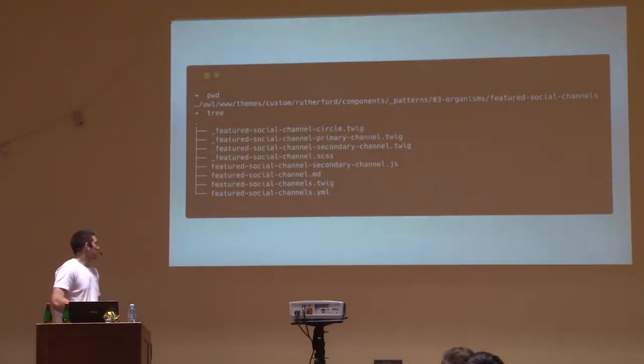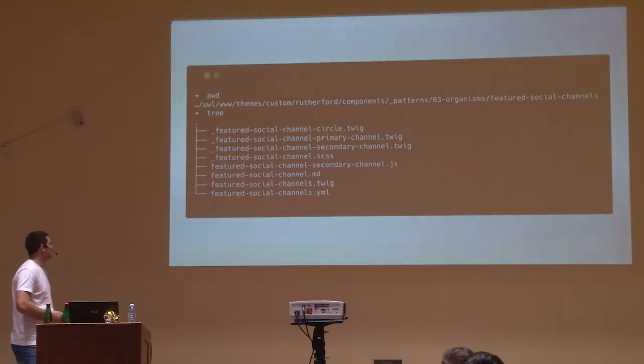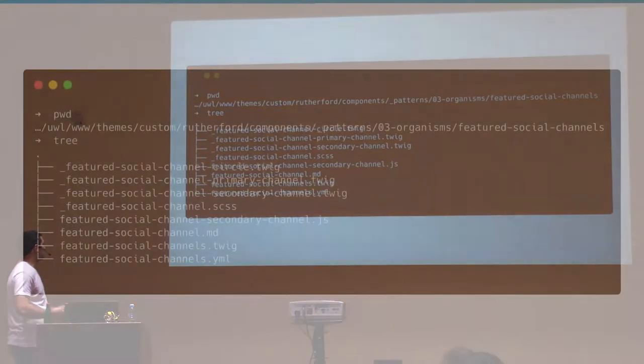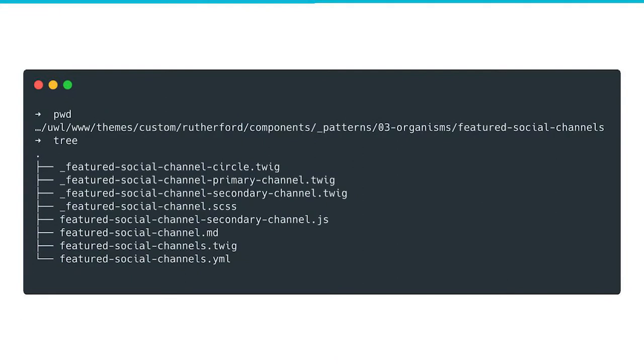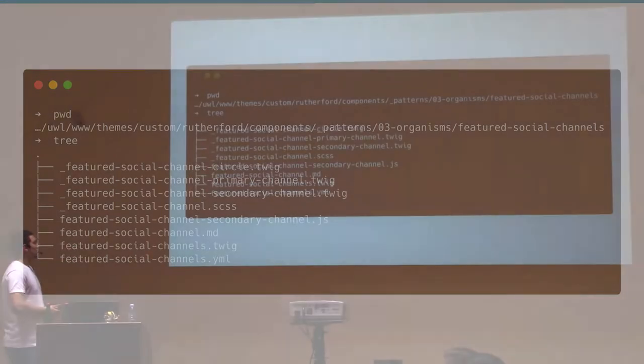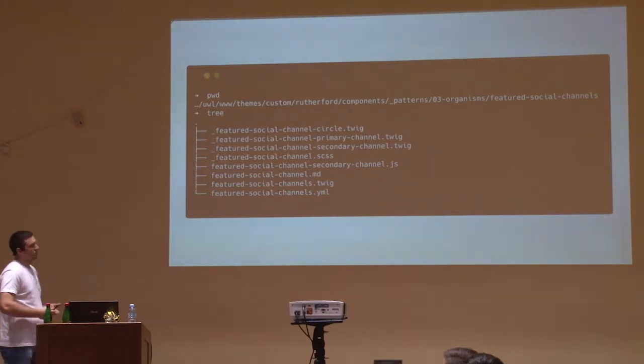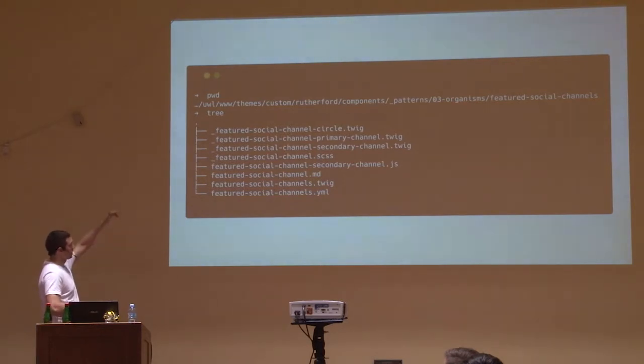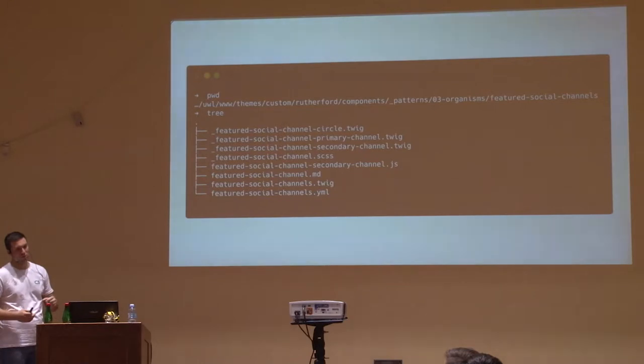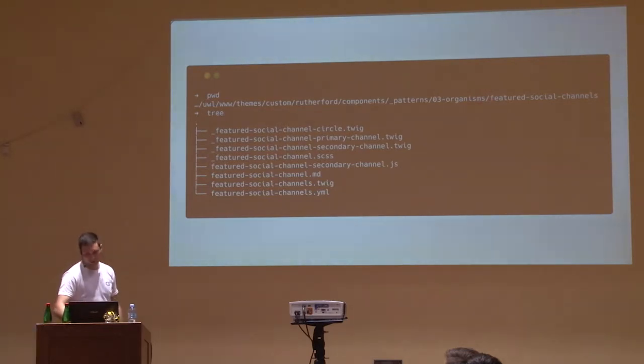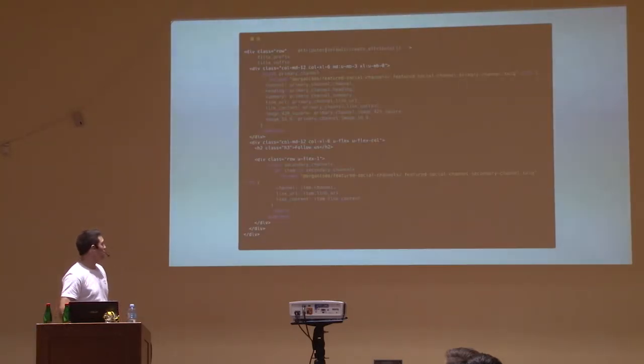This is the directory structure of one component that's called featured social channels. And as you can see, there is a YAML file for the default markup content. There is a Twig for the template, Markdown for documentation of that component, JavaScript, CSS, and there are other smaller parts of that component that we include in the main Twig file. This is how that looks.